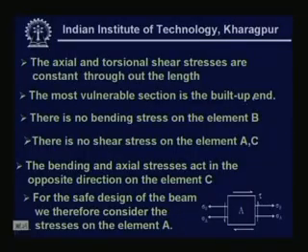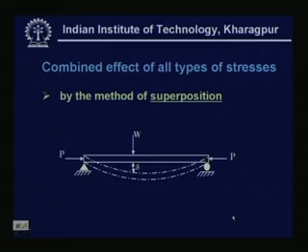In that way you can find the stresses at that section. Now, there are several points on the section, and again you have to find which point on that section has the most stresses, and we have found here that element A is the most vulnerable.